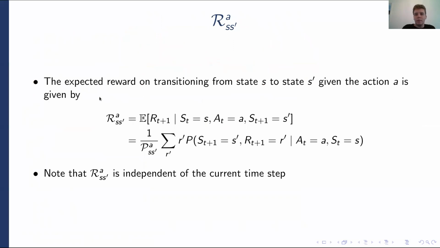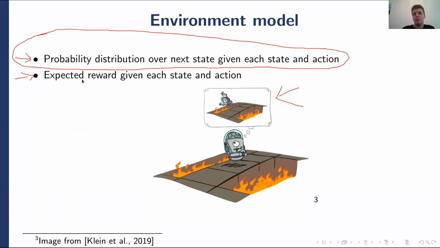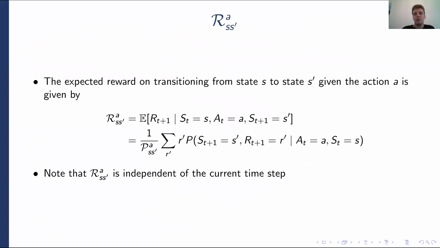Okay, so I already defined one of the things that I need in order to fully define a Markov decision process, and that's the probability distribution over next state given each state and action. But there's one more thing that I need, and that is the expected reward given each state and action. So R(s,s',a) can be interpreted as the expected reward of having transitioned. So this is after the fact, okay? It's a little bit different than the previous one.